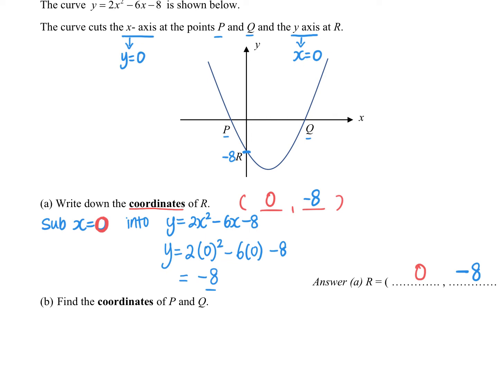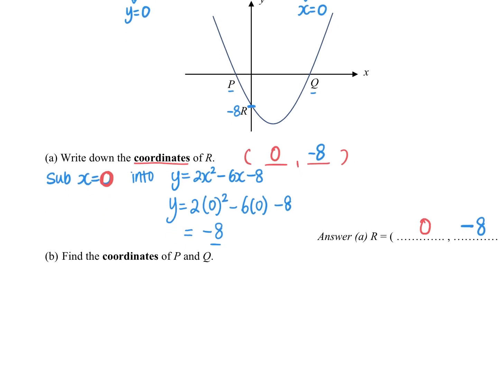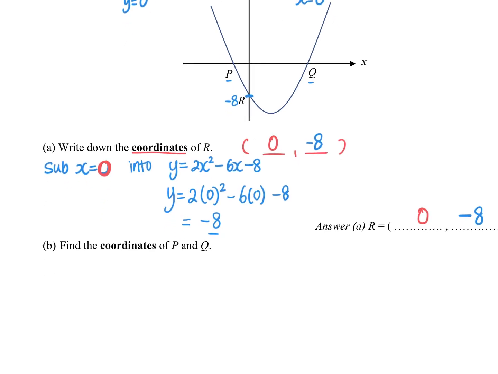Alright, is that okay? Now let's move on to the next part. Find the coordinates of P and Q. So what's so special about P and Q? The question wants the coordinates, so I have 2 points that I need to fill up with pairs of x and y values.